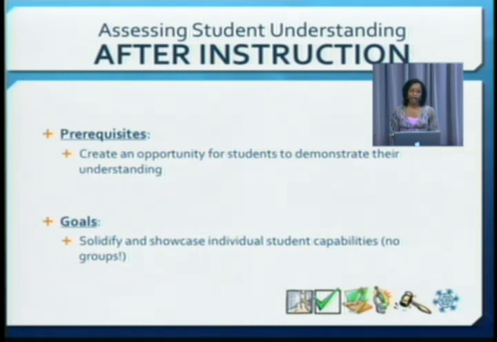And as it turns out, they remember whatever they presented. And so I think the final assessment or the end of topic assessment needs to be on an individual basis so that you can see, does each and every student understand the material fully?